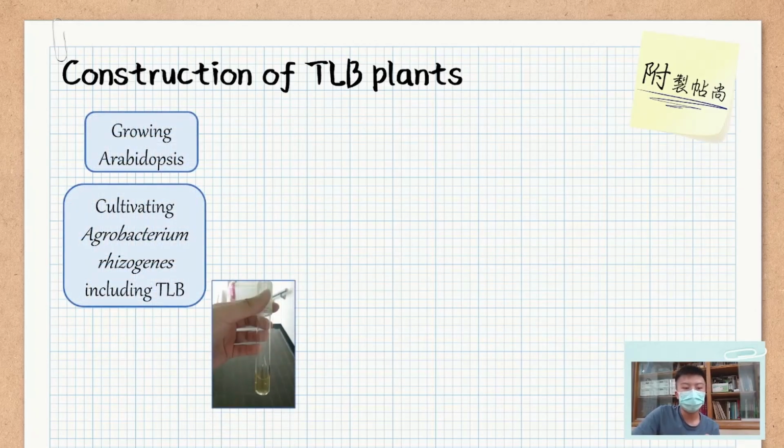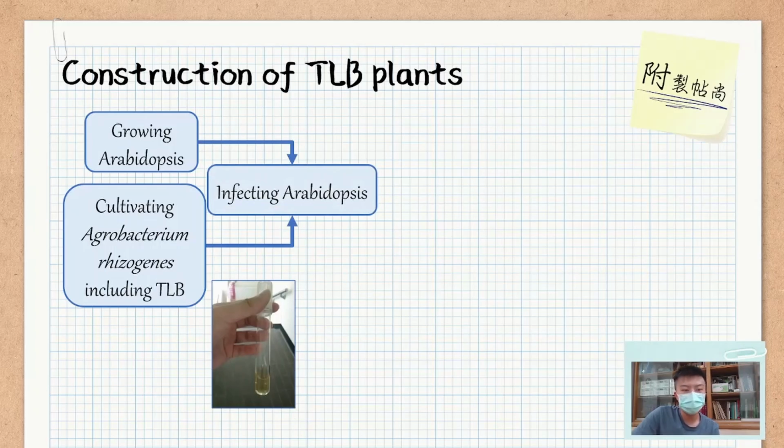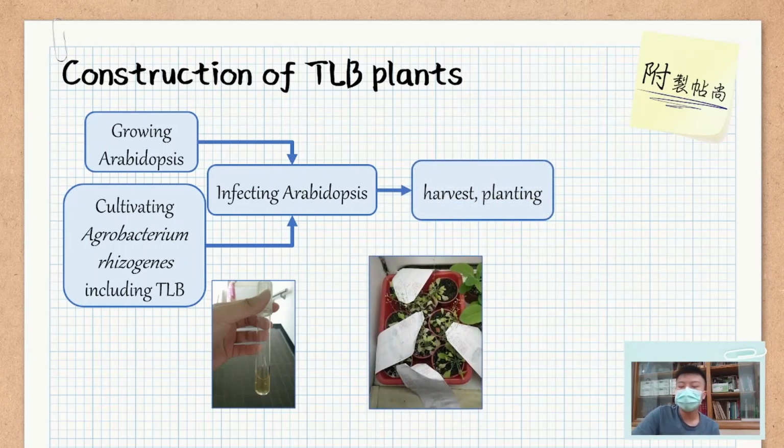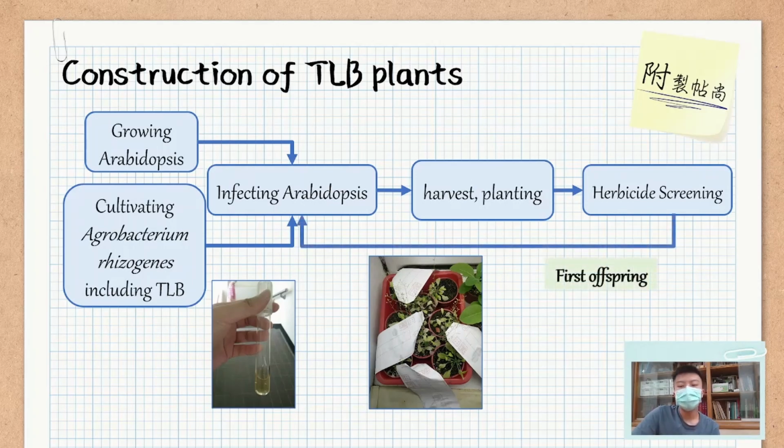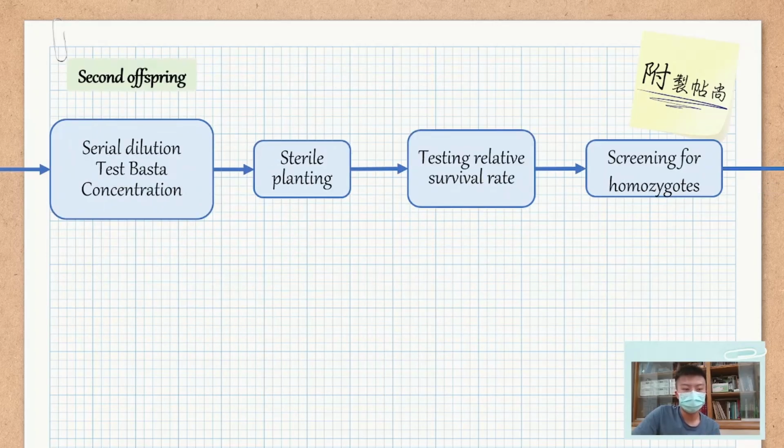After cultivating Agrobacterium rhizogenes including TLB, we'll be growing Arabidopsis, and after a week of planting, we will do herbicide screening. But first, we will be checking the dilution of the concentration of Basta.